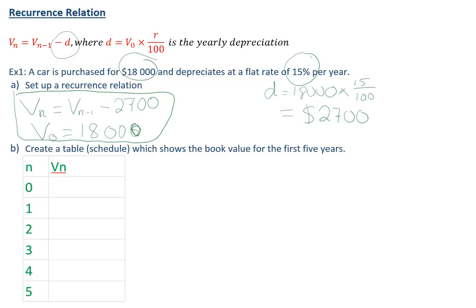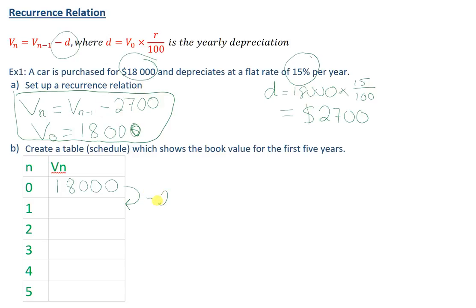So let's use that. So the second part asked me to create a table. These can also be called schedules, which shows the book value for the first 5 years. Okay, so I always like to fill in the 0th year. Okay, so $18,000, and then this is where you have to ask yourself, well, if I'm currently sitting at 18,000, how do I get to the next year? Well, my recurrence relation says I subtract $2,700.